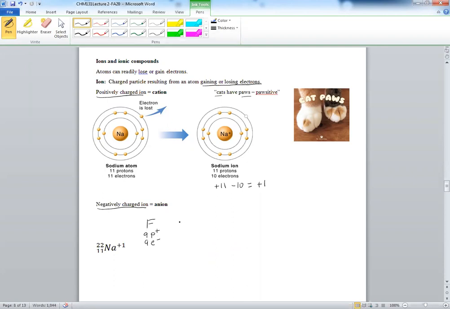If it gains an electron, it becomes F minus, because the number of protons did not change, but we actually have an extra electron, hence the negative charge.